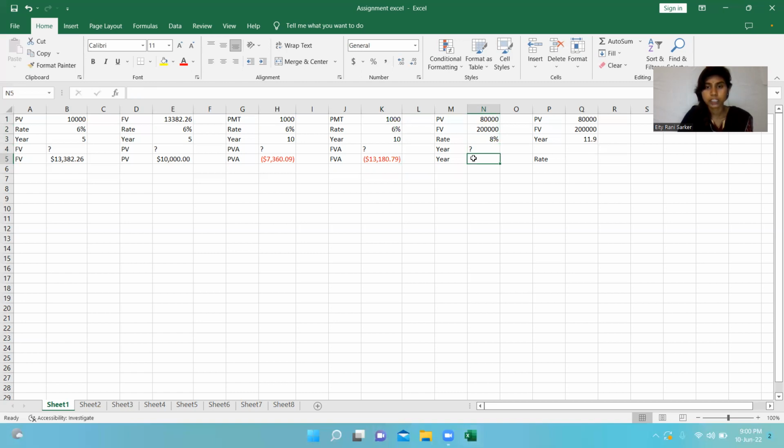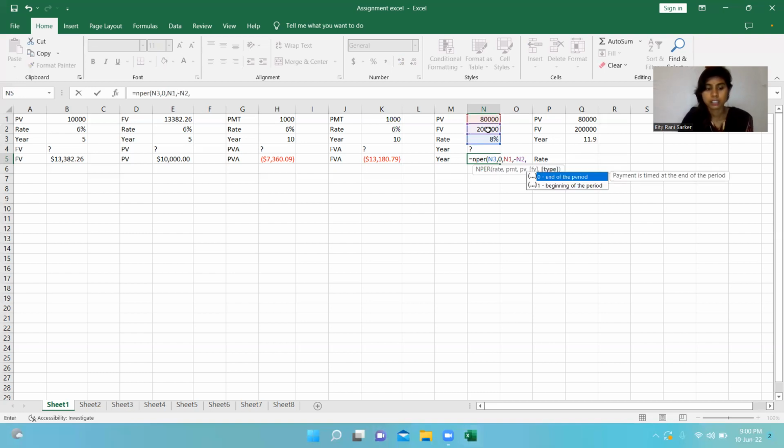So to calculate the year, write the equal sign, NPER, starting bracket, then select the rate, then PMT is not here, so write 0, then select the PV, then select the minus FV, then type equal 0.